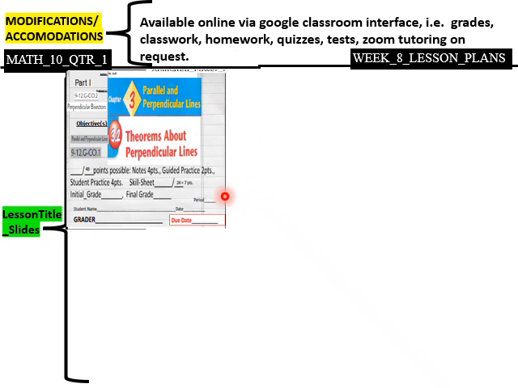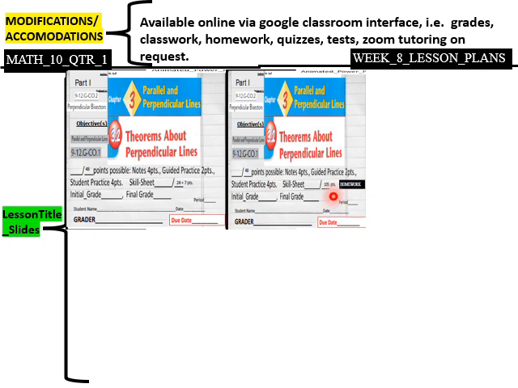And we go in here to 3.2 theorems about perpendicular lines. And we have a classwork here of 31 points of classwork, and then 40 points of note-taking. And then we go into 3.2 part 1 homework, which is 105 points of homework for part 1 for 3.2.